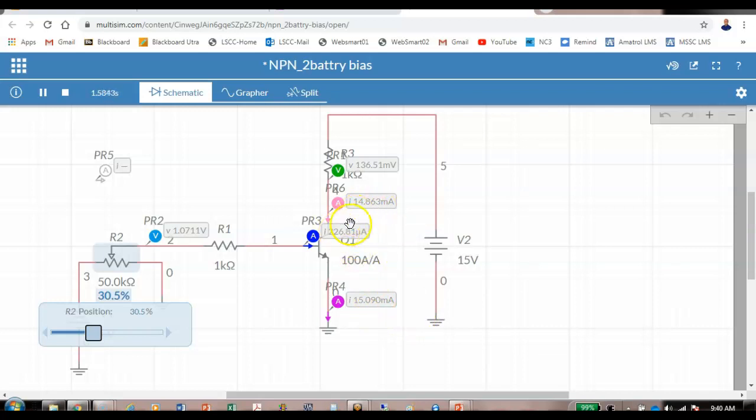Now if I add this and this together, we should get this. But notice the highest current is in the emitter. So we'll keep increasing the percentage. And notice my base current goes up proportionally.